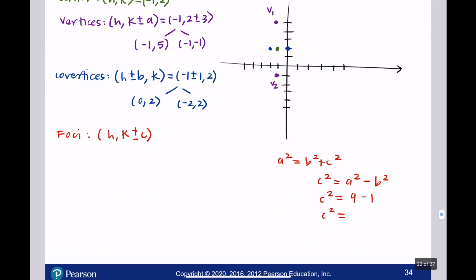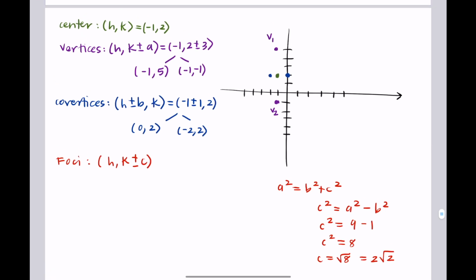So we have c squared is equal to 8, which means c is equal to the square root of 8, which can be simplified down to 2 square root of 2. So we have the ordered pairs negative 1 comma 2 plus or minus 2 square root of 2, which when we type that into our calculator, we get negative 1 comma 4.828 and negative 1 comma negative 0.828.